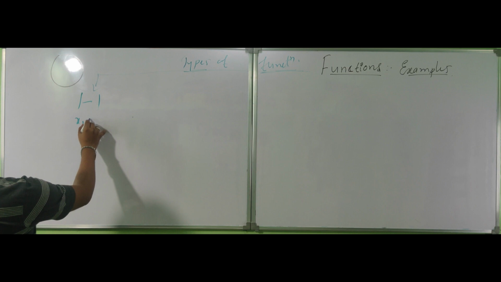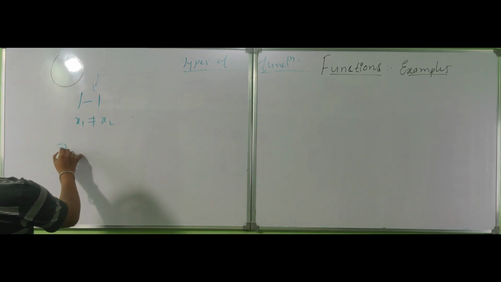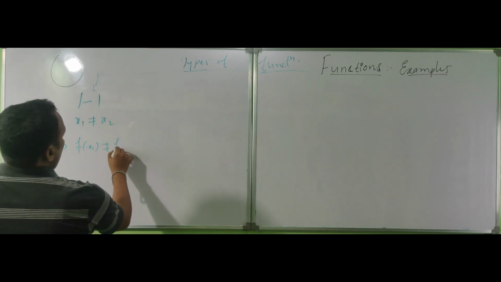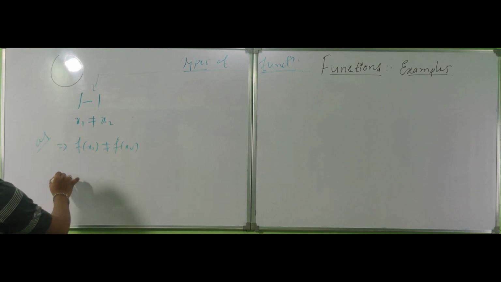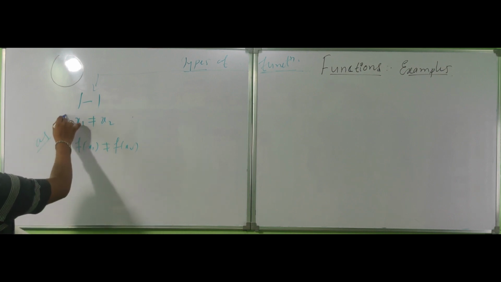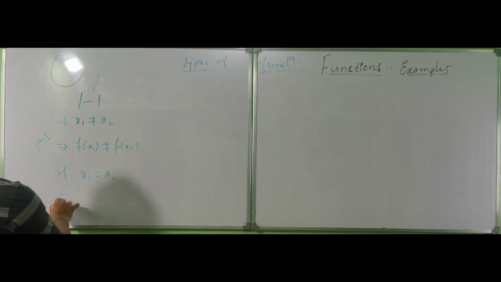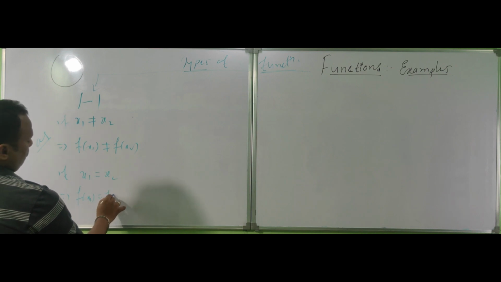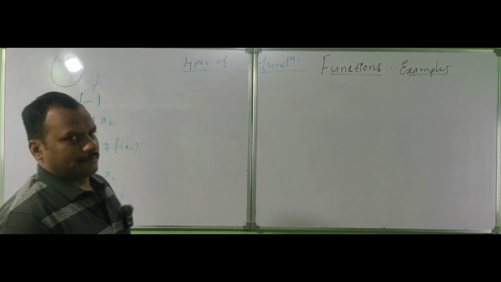If x1 is not equal to x2, then f of x1 is not equal to f of x2. Or, if x1 is equal to x2, then f of x1 is equal to f of x2. This is the first condition.